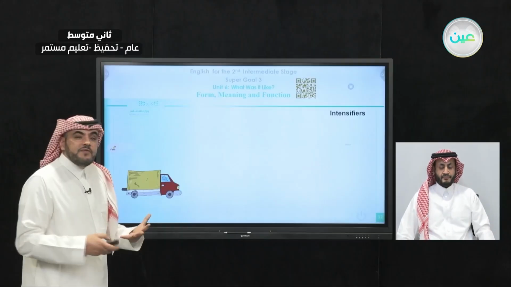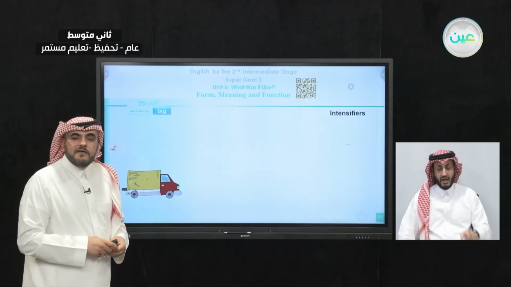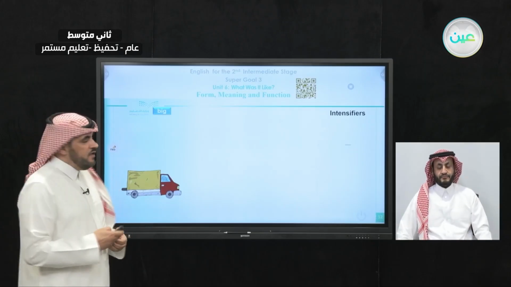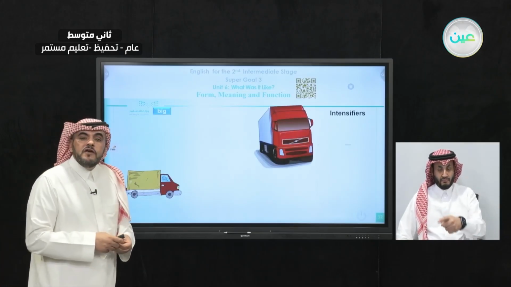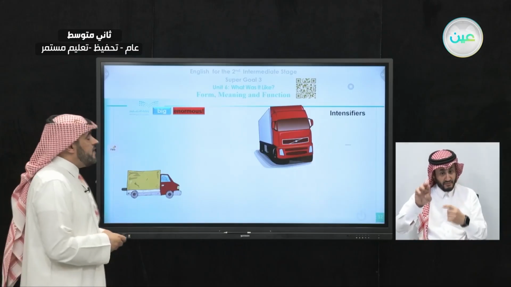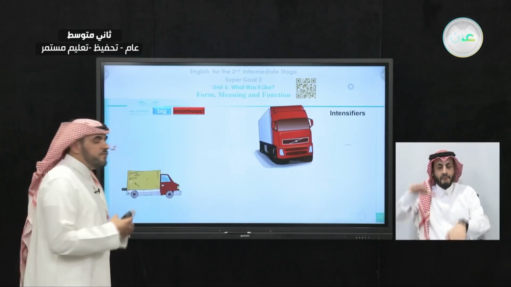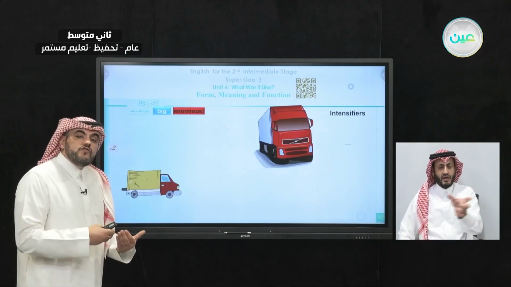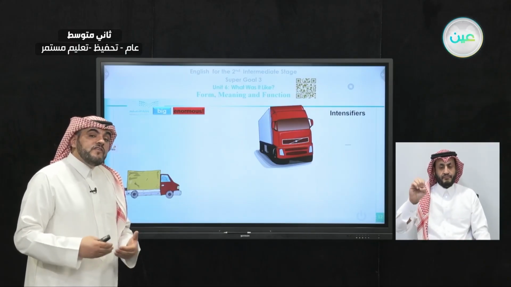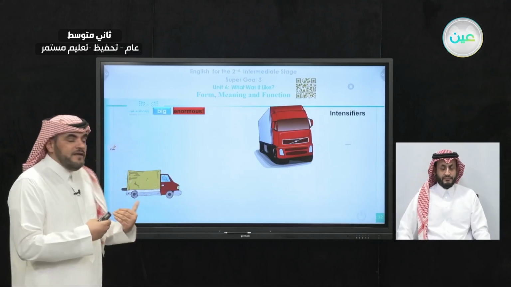If you want to describe it, you can say this truck is big. The truck is big. Okay, but what about this one? That is bigger. So if you want to describe it, you can say that is enormous. Enormous is another word for big, but the intensity or the strength of this adjective is more than the first one.